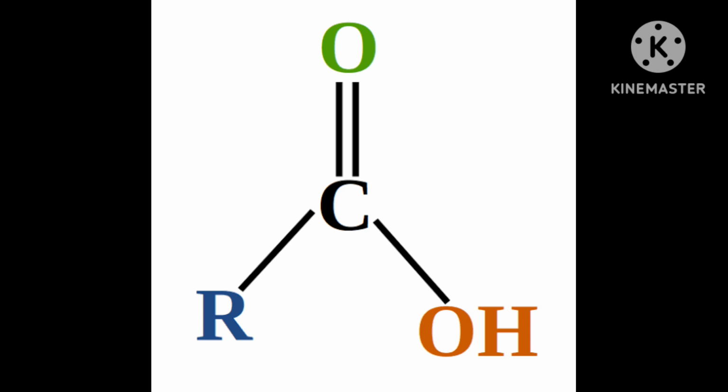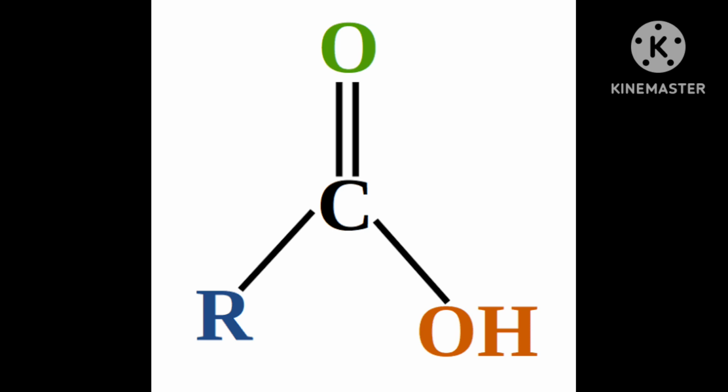The positions of the COOH groups are indicated by Arabic numerals before the multiplicative prefix. I will tell you how nomenclature is done with some examples.